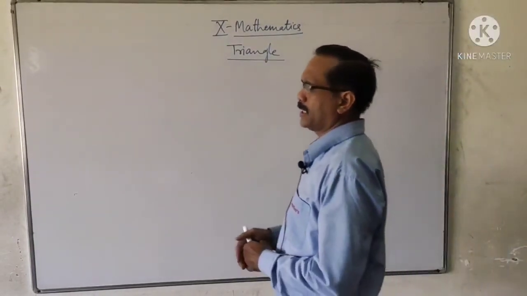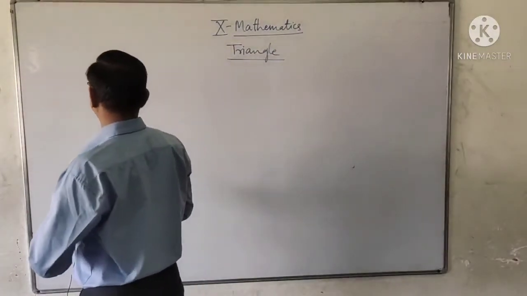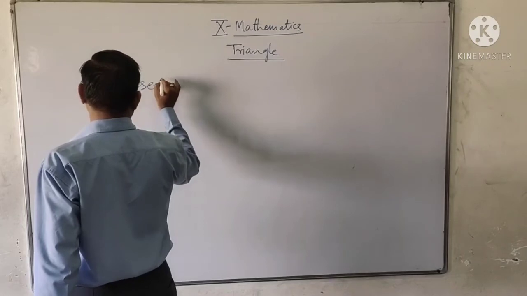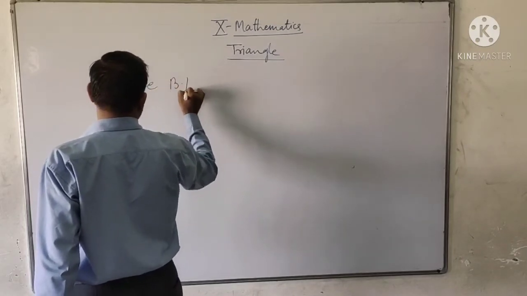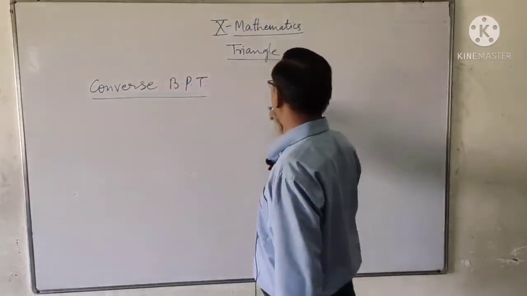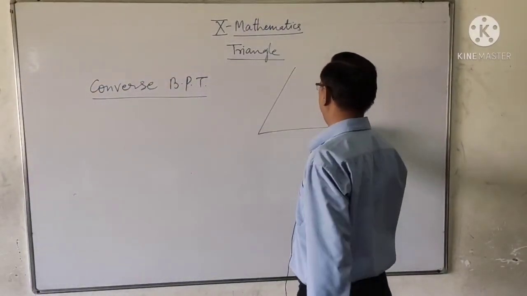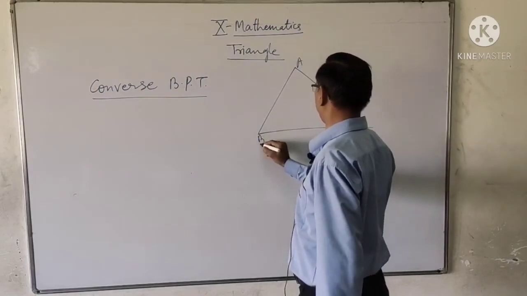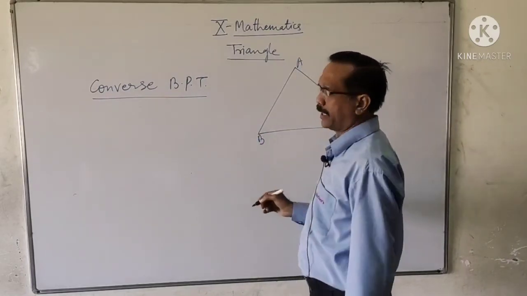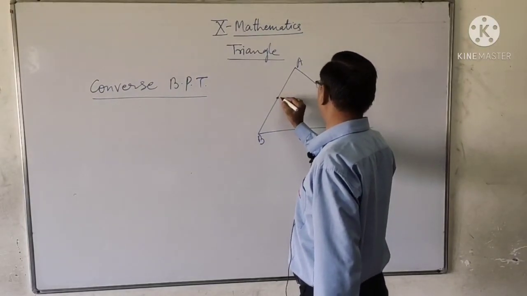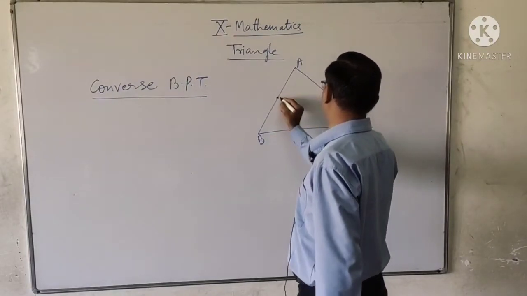Students, next is the converse of BPT. It is the converse of the Basic Proportionality Theorem. Here again there is a triangle ABC and there is a line DE.